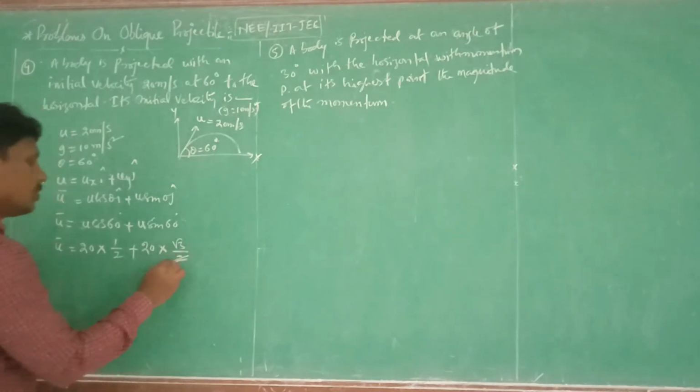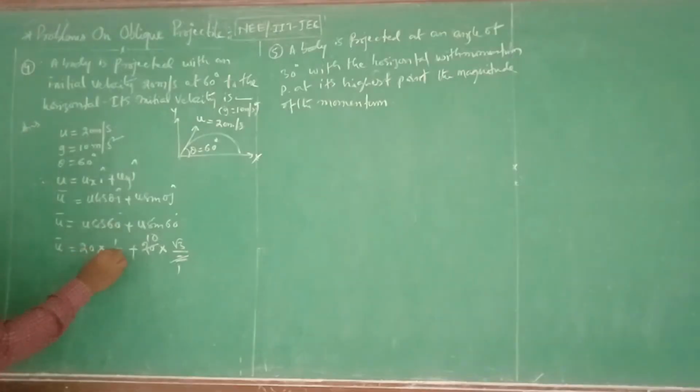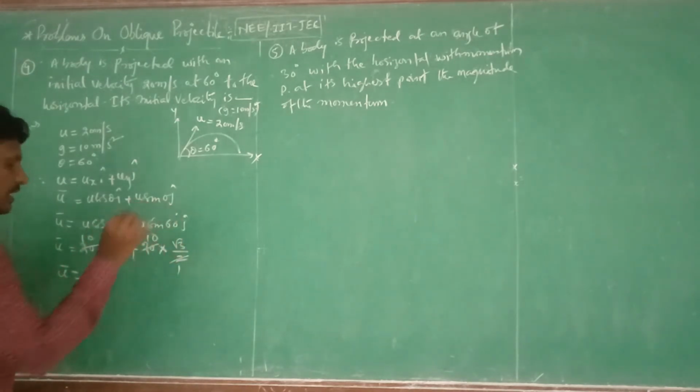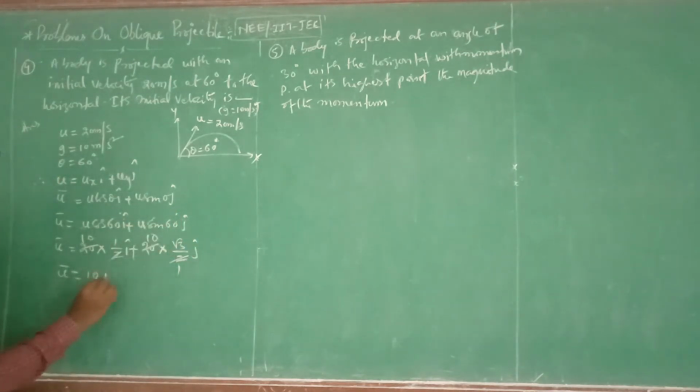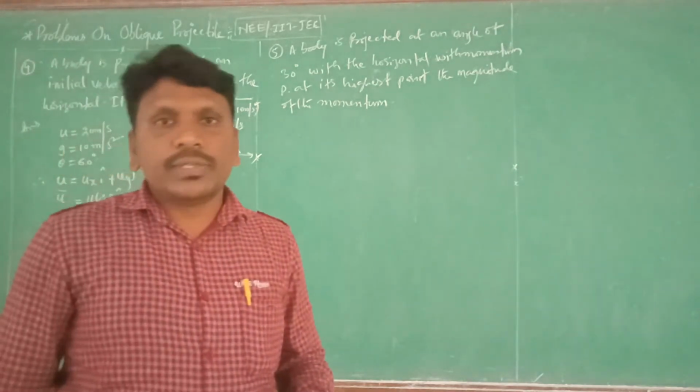So u bar is equal to 10 i cap plus 10 j cap. This is the initial velocity in vector form.